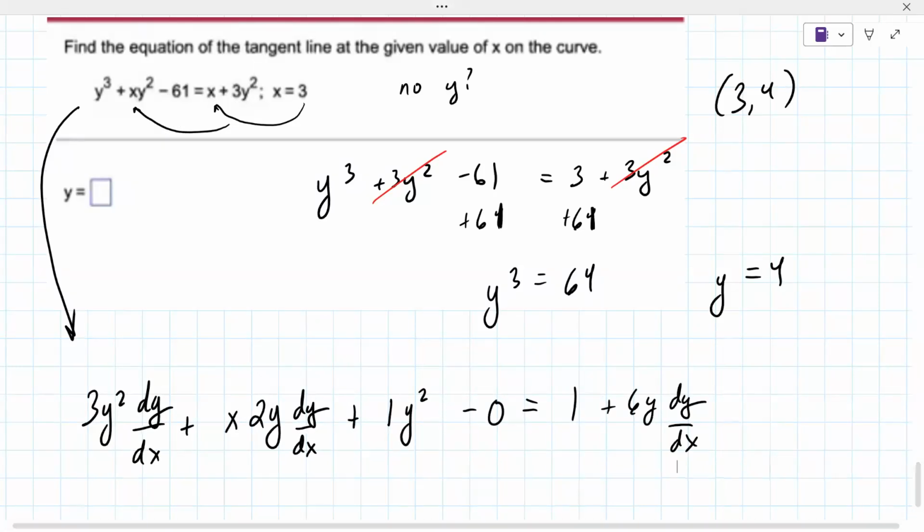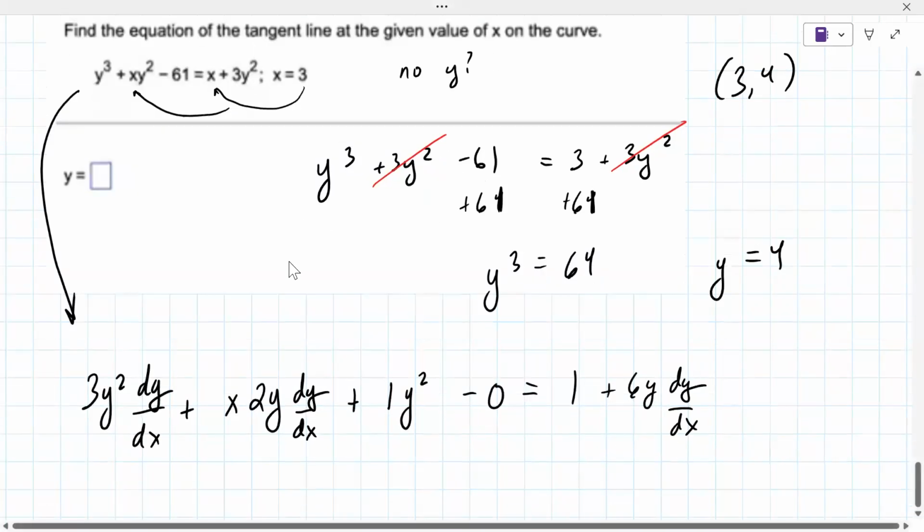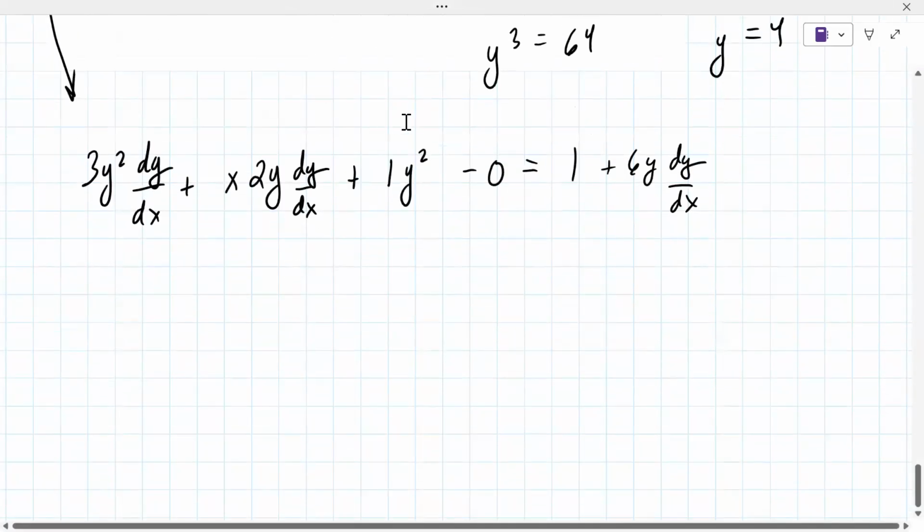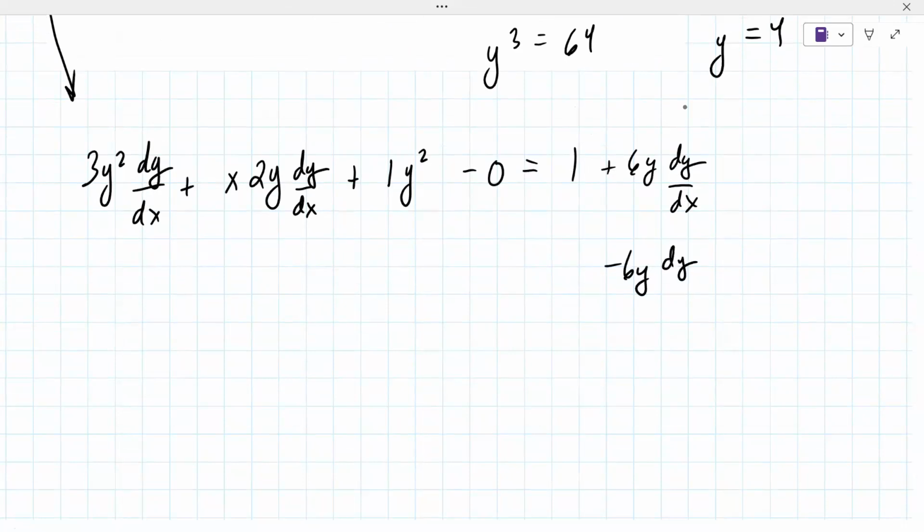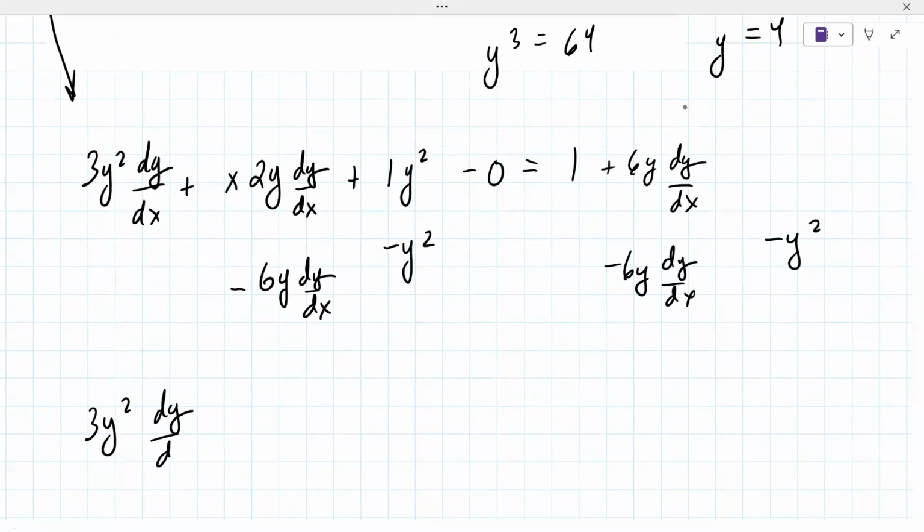Okay. All right, so from here, you have to move everything to one side, all the dy dx's to one side of the equation. So we're going to move the minus 6y dy dx to the other side. And then we're going to move the minus y squared to the other side of the equation. It's potentially a lot of writing.